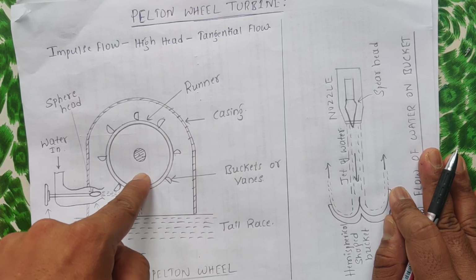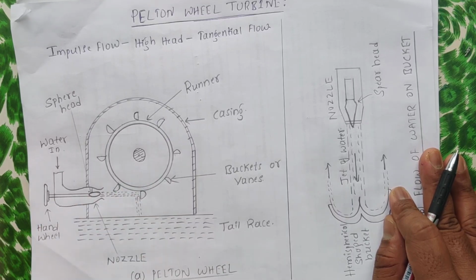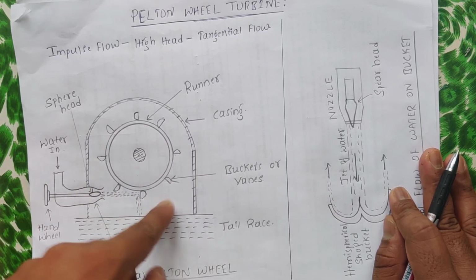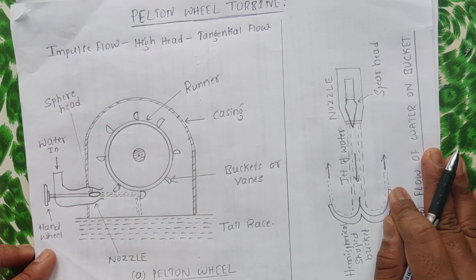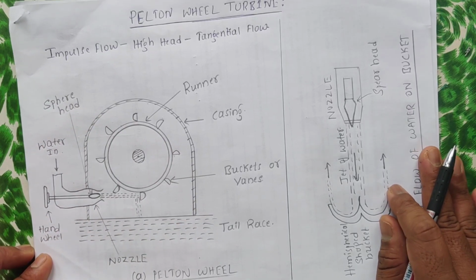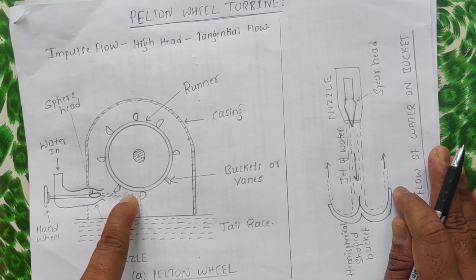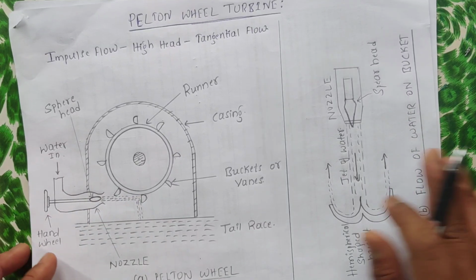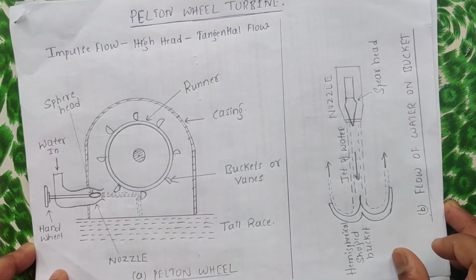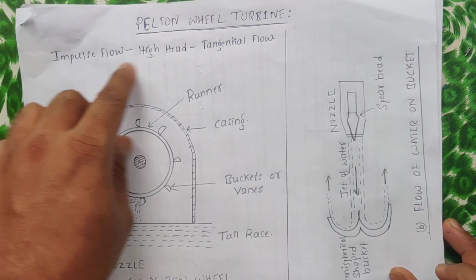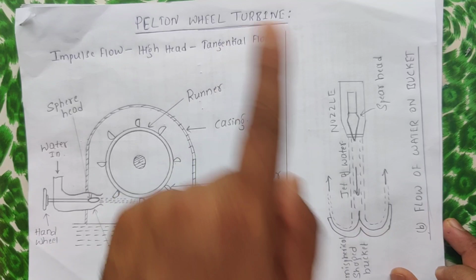So once the turbine rotates, the rotor rotates, and that is how we produce electricity using the Pelton wheel turbine. Understood? This is how the Pelton wheel turbine works, which is basically an impulse, high head, tangential flow turbine.